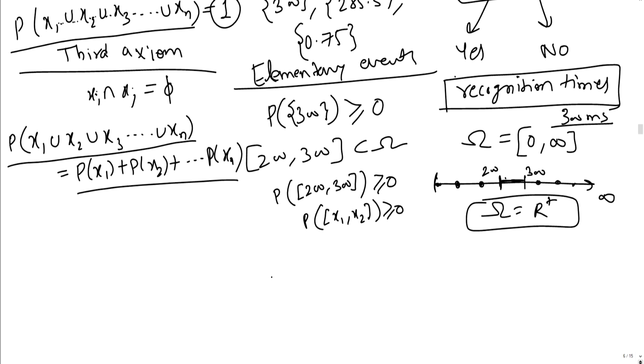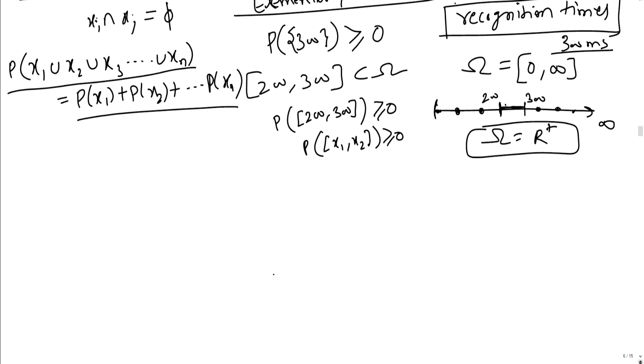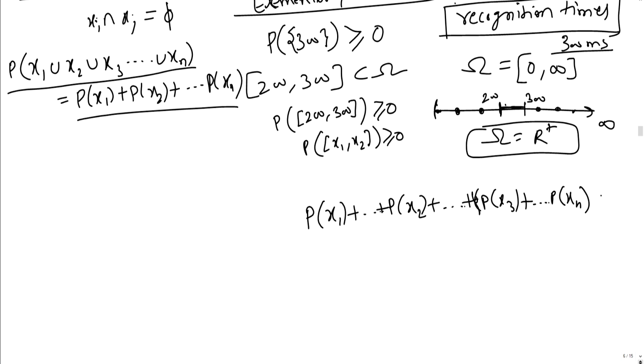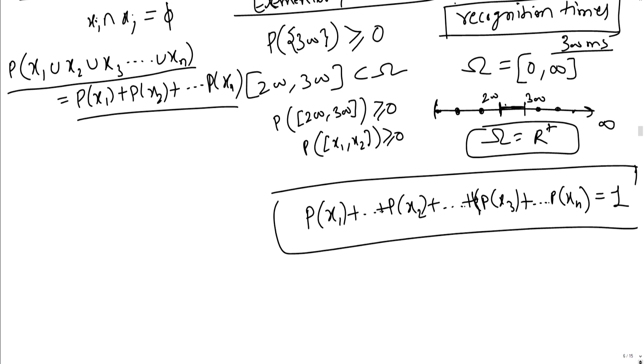So, based on these two axioms and the first axiom, what you can write is that the probability of x1 plus the probability of x2, in fact, I should write that there could be infinite points between x1 and x2 as well, plus the probability of x3 plus the probability of xn should be equal to 1. That is what you have derived from the second and third axioms.